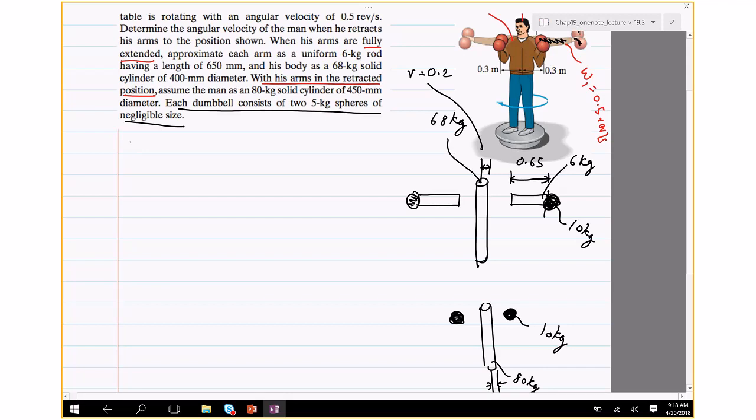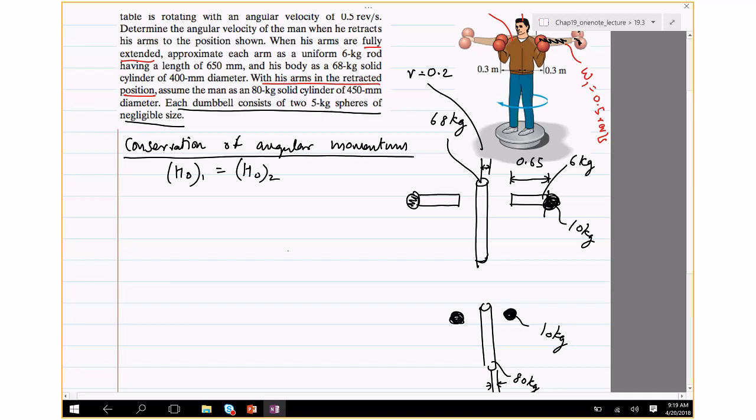In this case, we'll apply the conservation of angular momentum because we are interested in angular speed. So H0 when its arms are fully extended equals H0 after his arms are fully retracted.